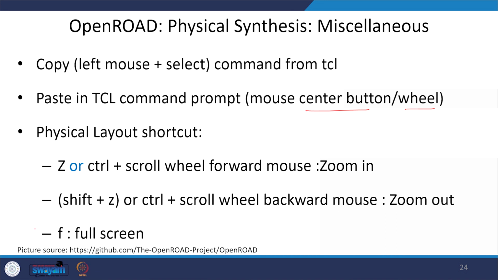For full screen, you press F. For zoom in, you press Z, or Ctrl plus scroll. Then shift plus small z, or Ctrl plus scroll wheel backward, will zoom out.